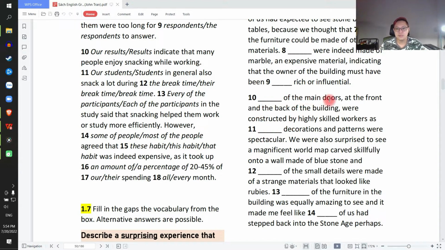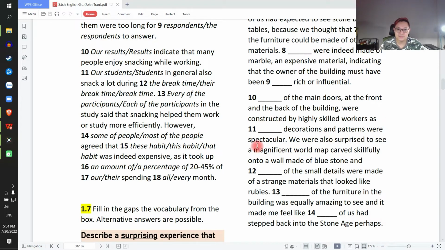Okay, both the main doors at the front and back of the building were constructed by highly skilled workers, as their decoration patterns were spectacular. Cả hai cái cửa chính ở phía trước và phía đằng sau của tòa nhà đã được xây dựng bởi những người thợ có kỹ năng rất cao, bởi vì sự trang trí và những phương cách trên những cái cửa đó đã spectacular, ngoạn mục lắm, nhìn đẹp lắm.